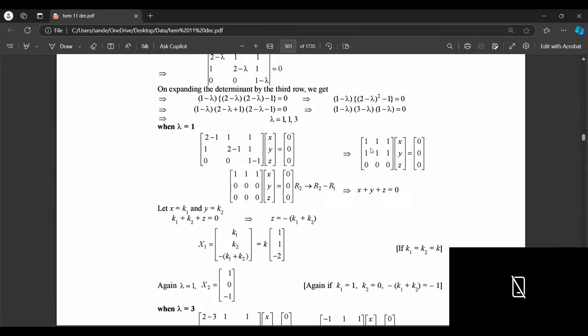It means second eigenvector is 1, 0, minus 1.